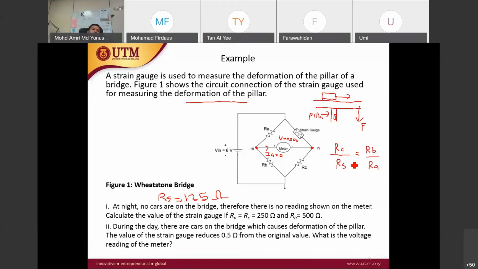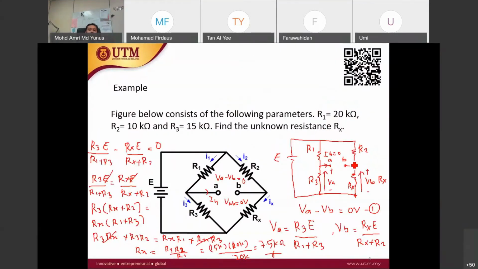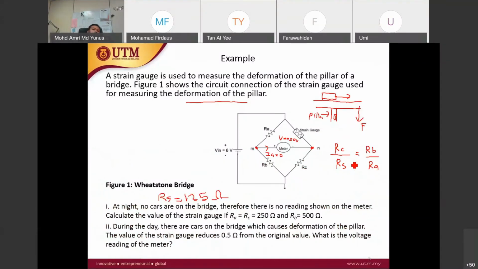How do we get this? We use the derivation of the balance condition. As long as you understand, that's fine. RC divided by RS is equivalent to RB divided by RA during the balance. Balance means that Ig is equivalent to 0.